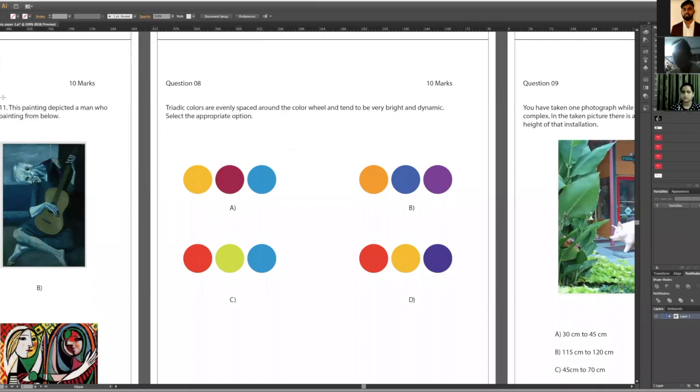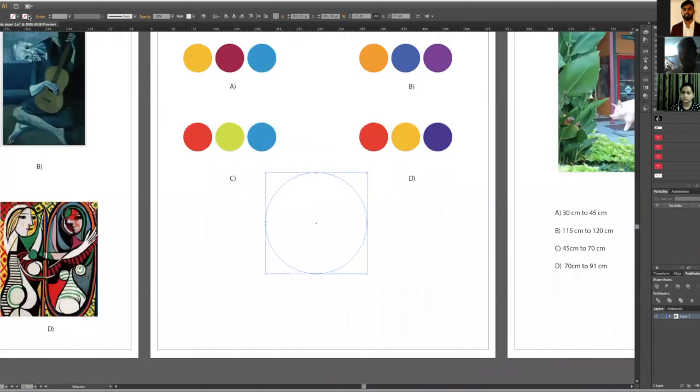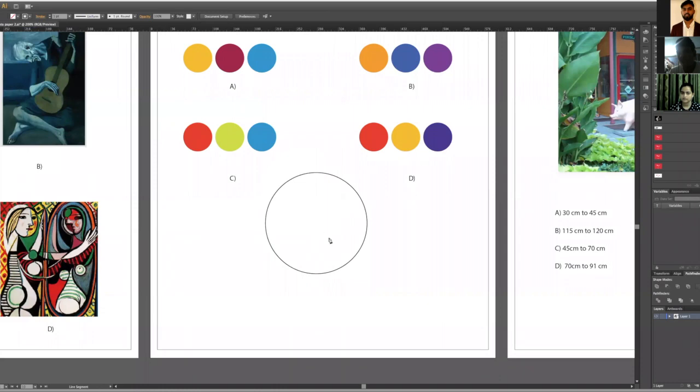Whenever you have anything related to the color wheel, this is again a color wheel related question. You guys must have studied that. So let's say color wheel. We all know primary colors. Right at the moment, start making a separation.